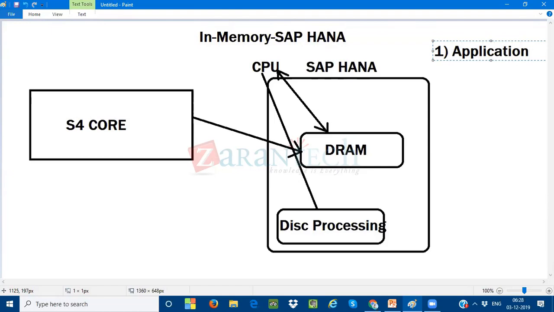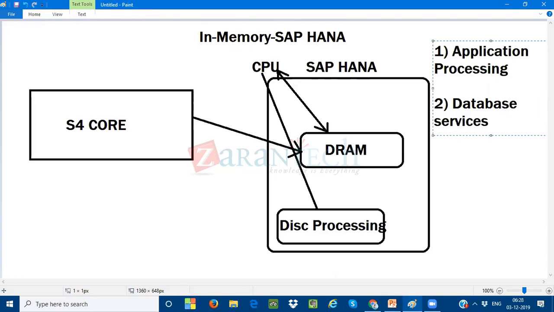Application processing: your complete application processing of the data is going to be working in the DRAM. And the second one, very, very important, data services, database services. Your complete database services activities are going to be performed in your database.